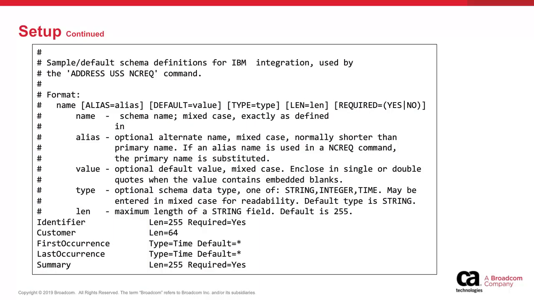This shows a portion of the default sample schema definition file, OPNCSCHMDD, from your Ops MVS USS proc. Each non-comment statement provides the basic attributes for a column in the schema, including the column name, data type, maximum length, default value, etc. In the actual definition file, additional comments describe the complete syntax for the schema definitions.